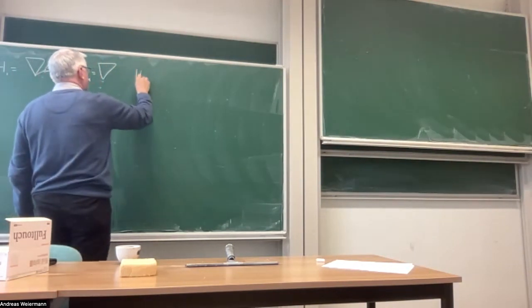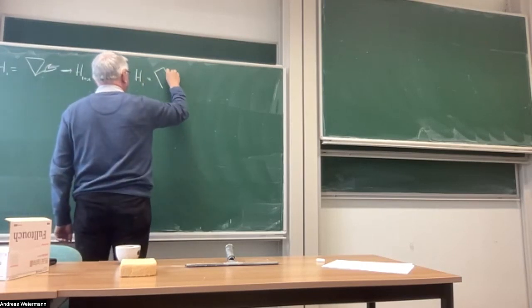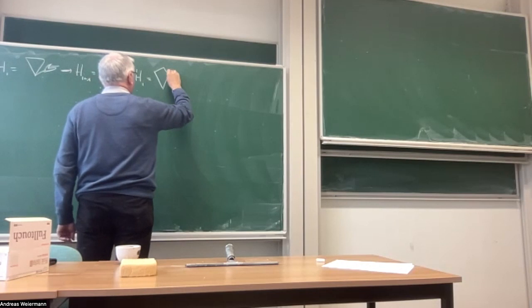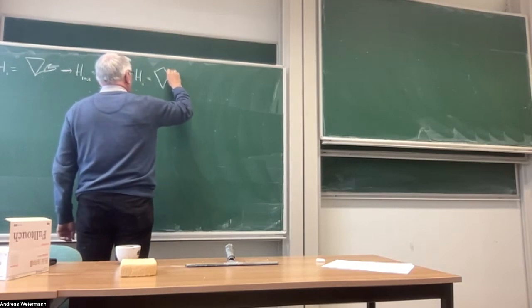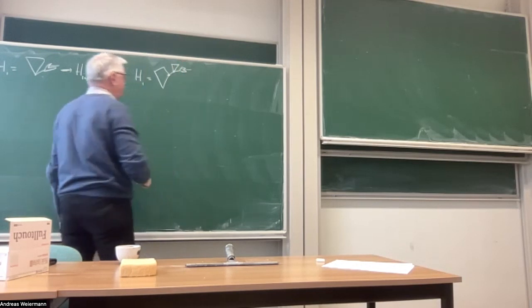Now, when H_i is of a specific form, like this, and just to repeat, the point is, maybe it was not completely clear. I write the Hydra in this way.